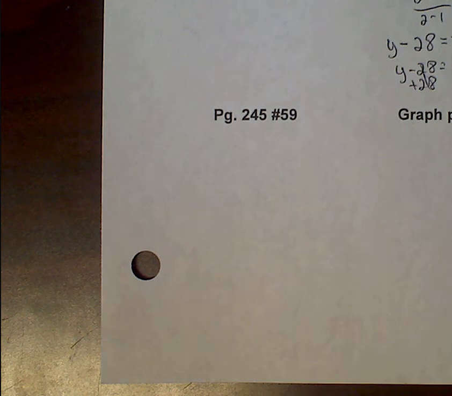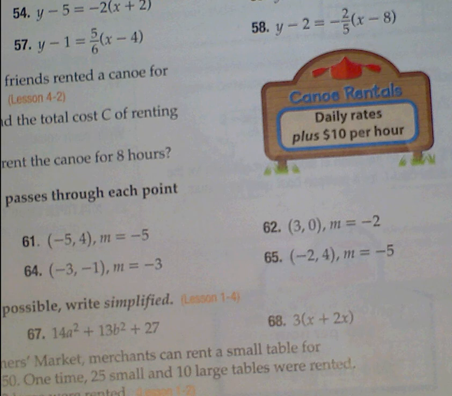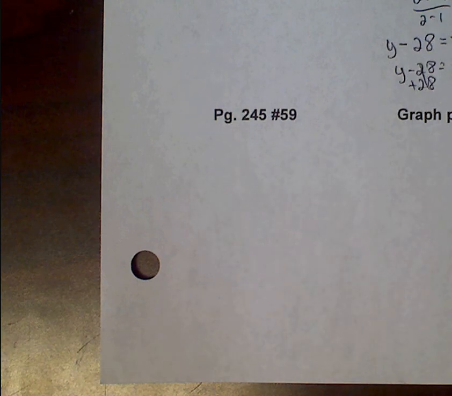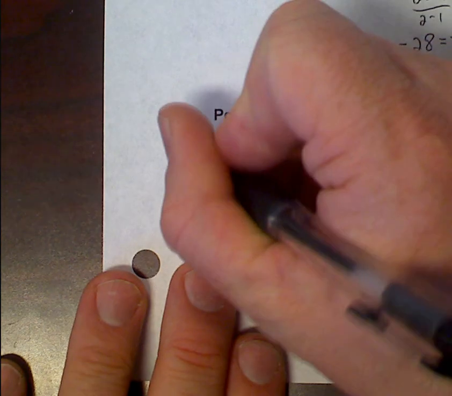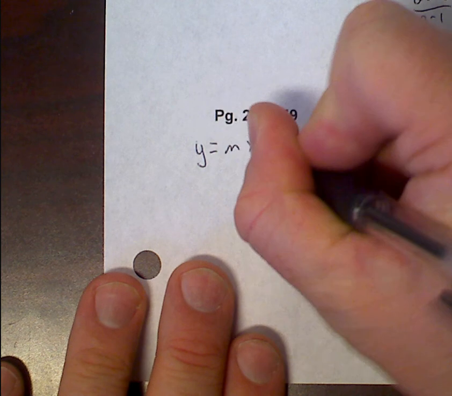It says, to the right, canoe rentals, daily rate plus $10 per hour. So I need y equals mx plus b.